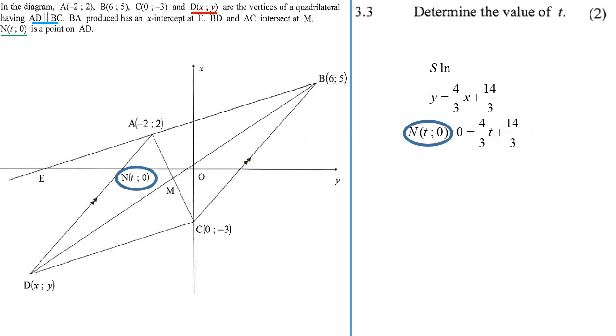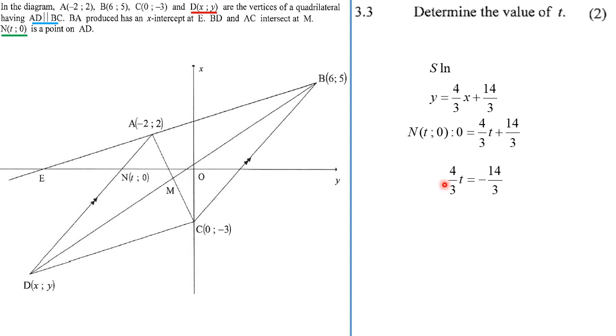Right, that is the 0 that was substituted there, and then that is the t that was substituted in place of x. Okay, now you can take 4 minus 3 to the other side. It becomes negative. Then from there you can multiply by the reciprocal of 4.